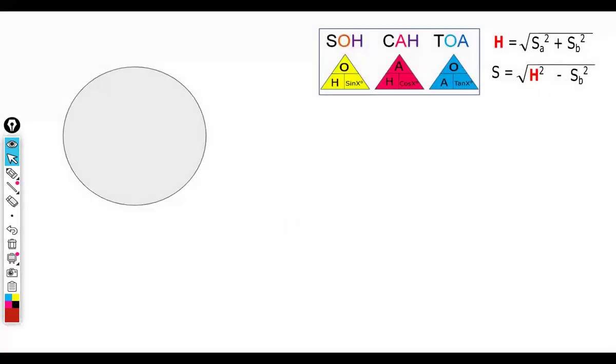Circles now. Now we have to come to some agreement here on circles. There are 2 major things they ask you to do when it comes to a circle. It's either you find the area of a circle or the circumference of a circle, which is the distance around the circle.